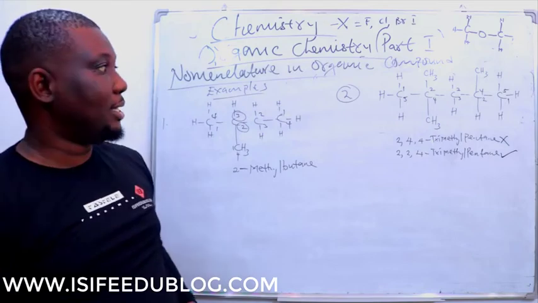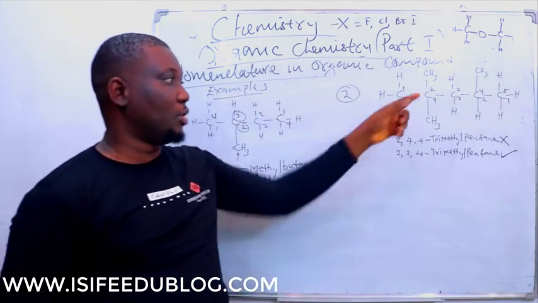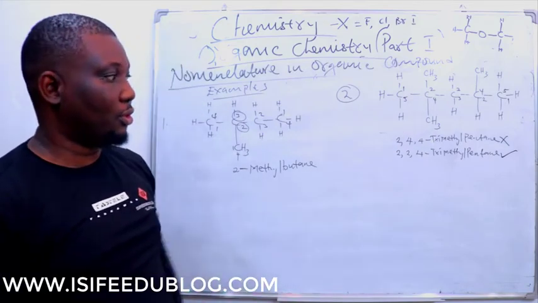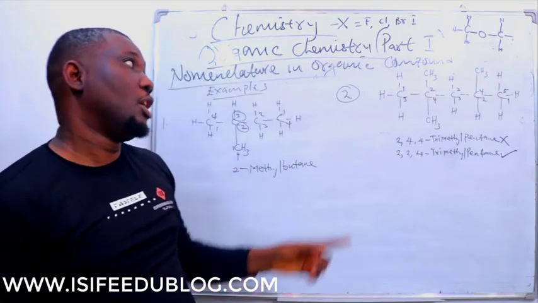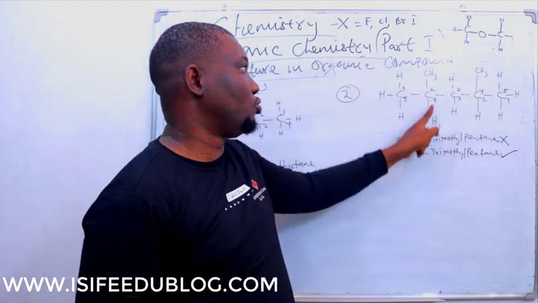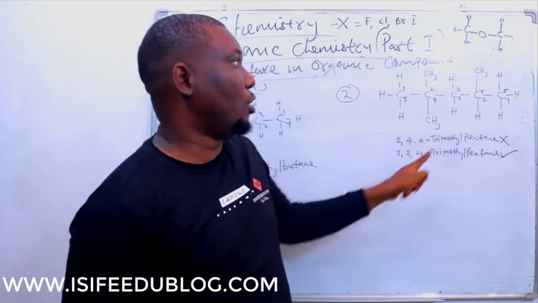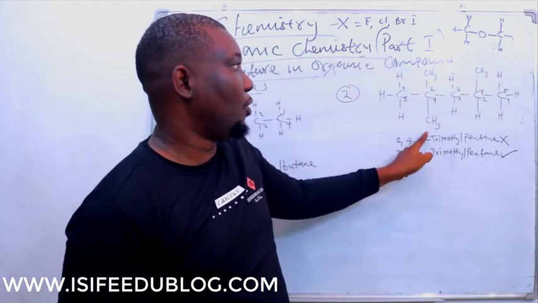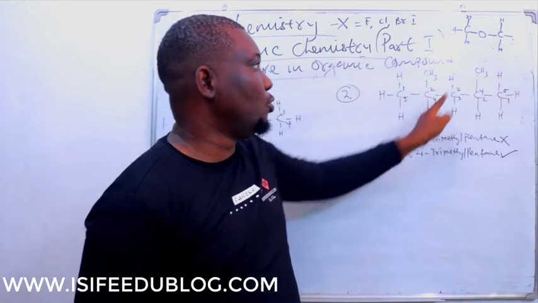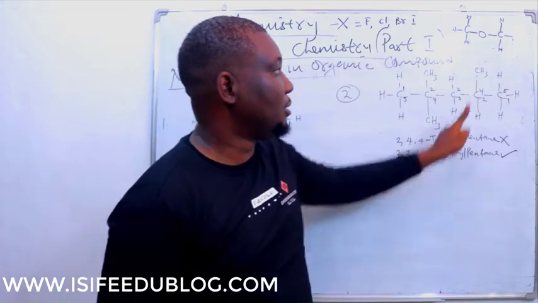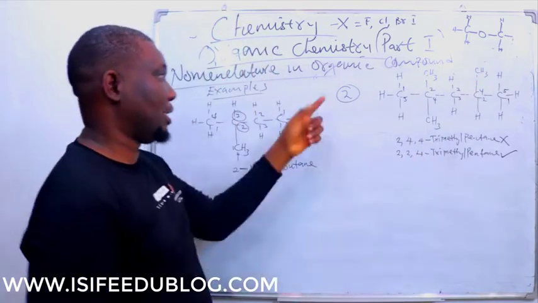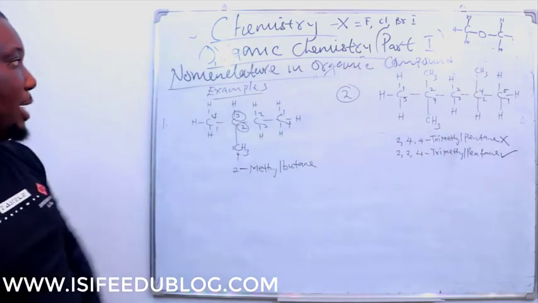So the correct name of this organic compound is 2,2,4-trimethylpentane and not 2,4,4-trimethylpentane, because if you start from here, it is 2,2,4, not 2,4,4. 2,2,4 is lower than 2,4,4. Please take note of that. So that explains that example.